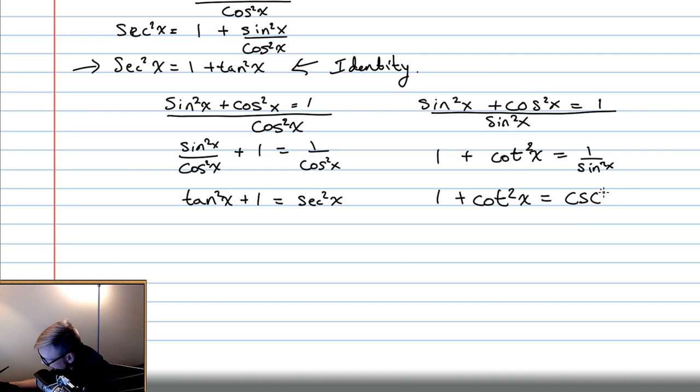So cosecant squared x. So instead of memorizing different identities, memorize one identity and get to the rest from it.